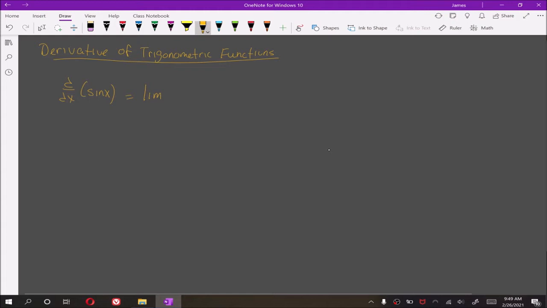So this is the limit as h goes to 0, sine of x plus h minus sine of x all over h. Now, using a property of trigonometric functions, we can rewrite sine of x plus h as sine of x times cosine of h plus cosine of x times sine of h.